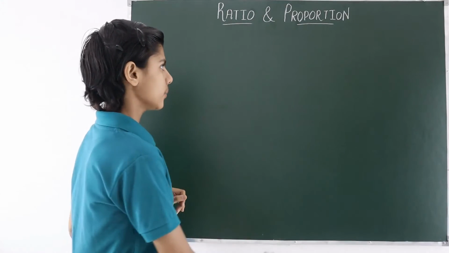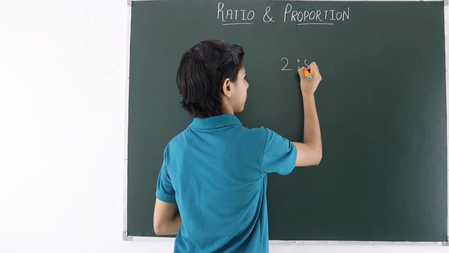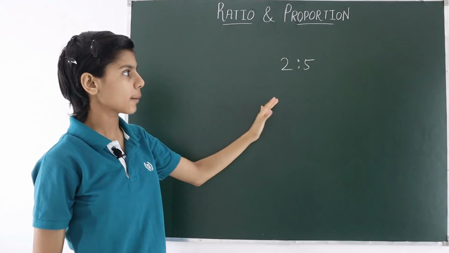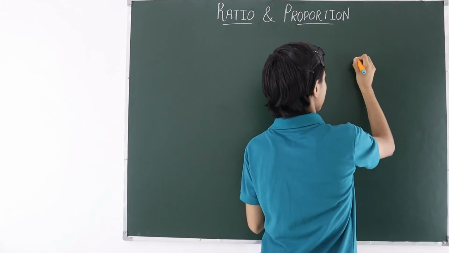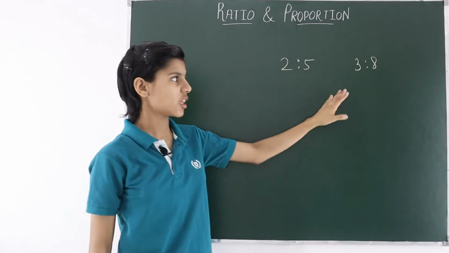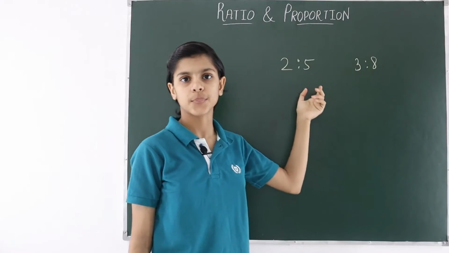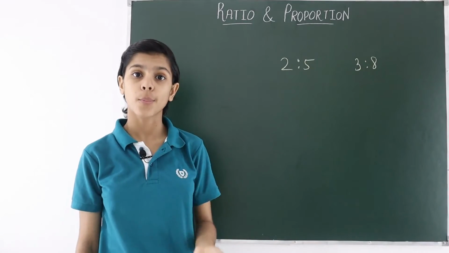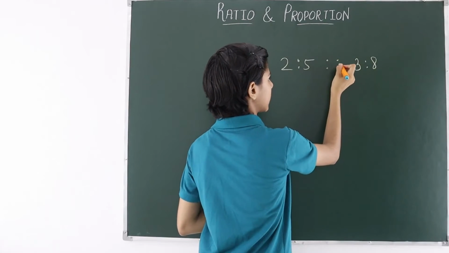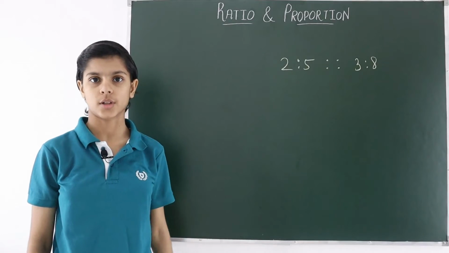For example, I have the ratio 2:5, and one more ratio, 3:8. Now if I want to compare them, that will be known as proportion. I will put here the sign of proportion, these four dots.